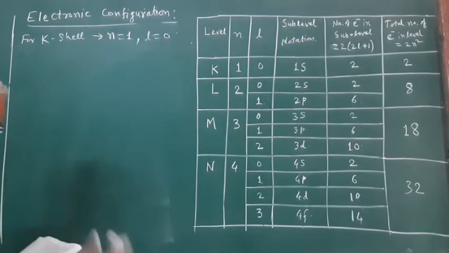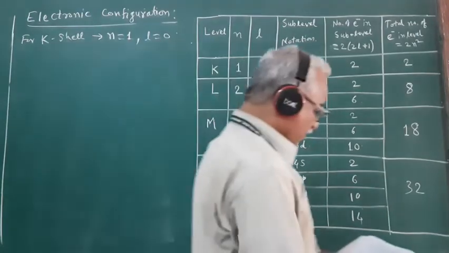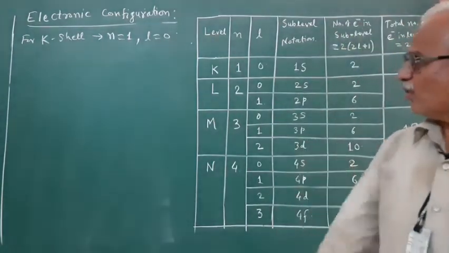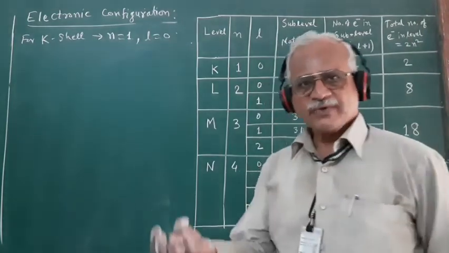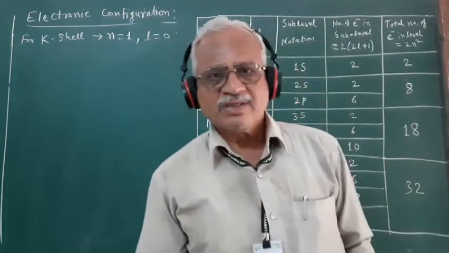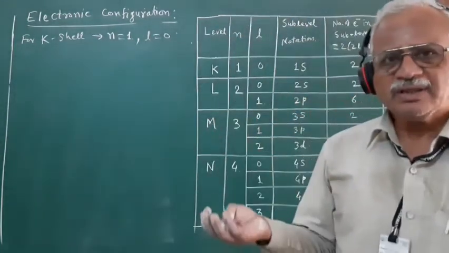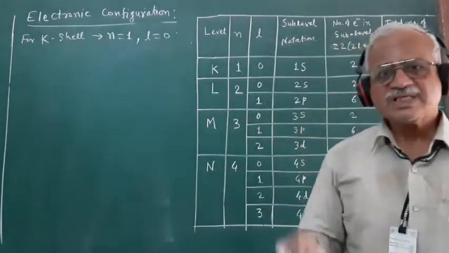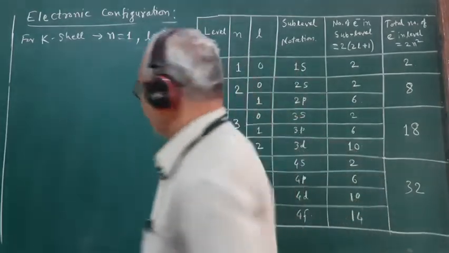Now, if we have these values of n and l, then what will be the values of the other two quantum numbers? We know that in the vector atom model, four quantum numbers are used. The first is the principal quantum number, second is the orbital quantum number, third is the orbital magnetic quantum number, and the fourth is the spin magnetic quantum number.